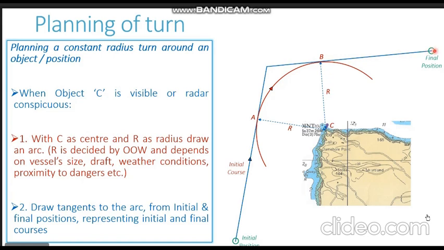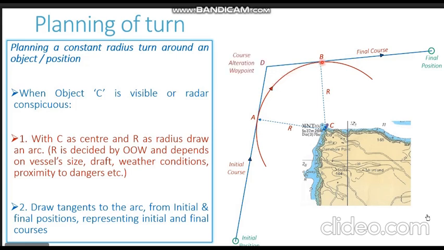Now this line which you see, the tangent line from the final position to Bravo, represents our final course. So the vessel moves on the initial course, that is the first tangent, goes up to point alpha, point A. After point A, the vessel moves on the curved path, that is on arc alpha to Bravo.